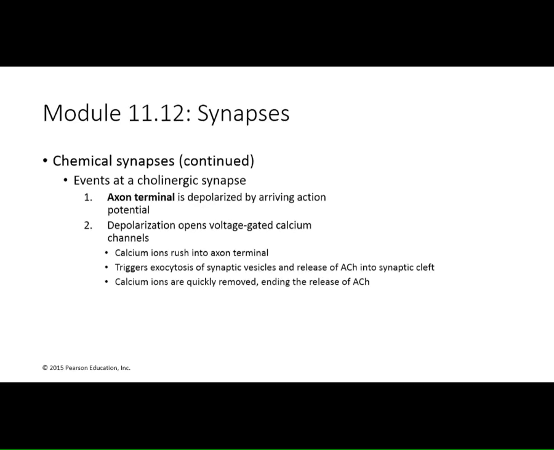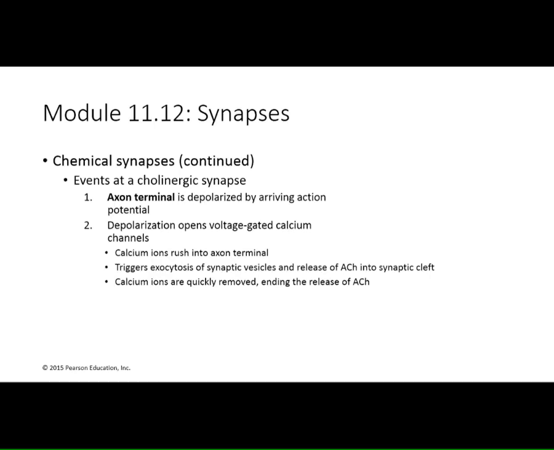In a chemical synapse, a signal travels down. It's going to cause voltage-gated calcium channels to open up. Again, we have an electrical change. That electrical current reaches the axon terminus down at the synaptic knob.